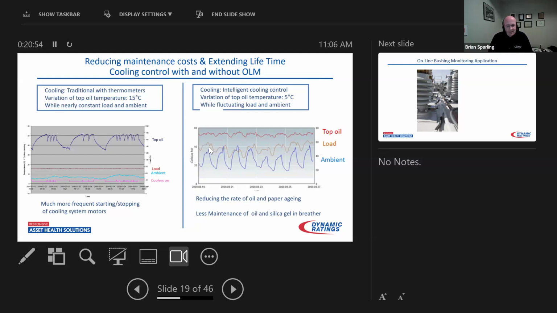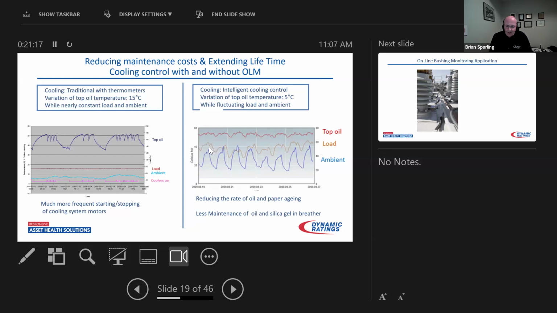And we can take those in and verify when they're on or off. With an intelligent monitor, the control of the top oil temperature is far more consistent. It's within 5 degrees rather than variations of 15 degrees C using the traditional methods. So it reduces the rate of oil and paper aging.